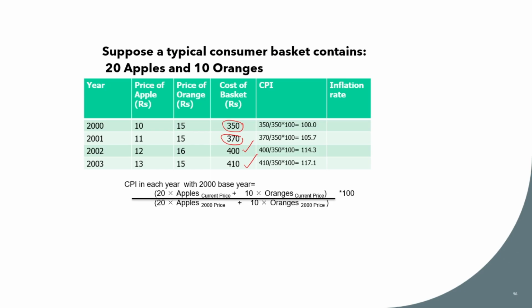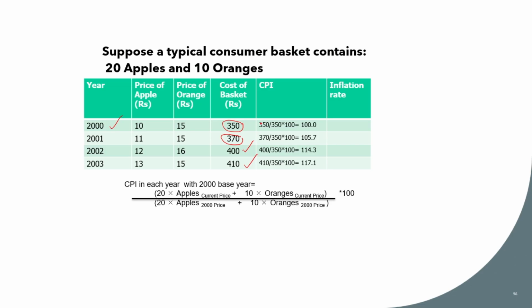Then how do we calculate the CPI here? To calculate it, you need to divide the cost of the basket in that particular year by the cost of the basket in the base year. Suppose you want to calculate the CPI in 2000. Here the base year is also 2000 itself.